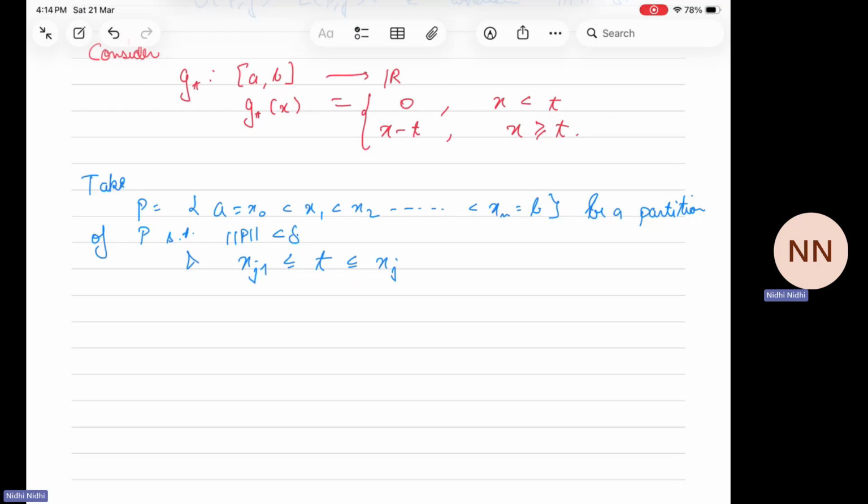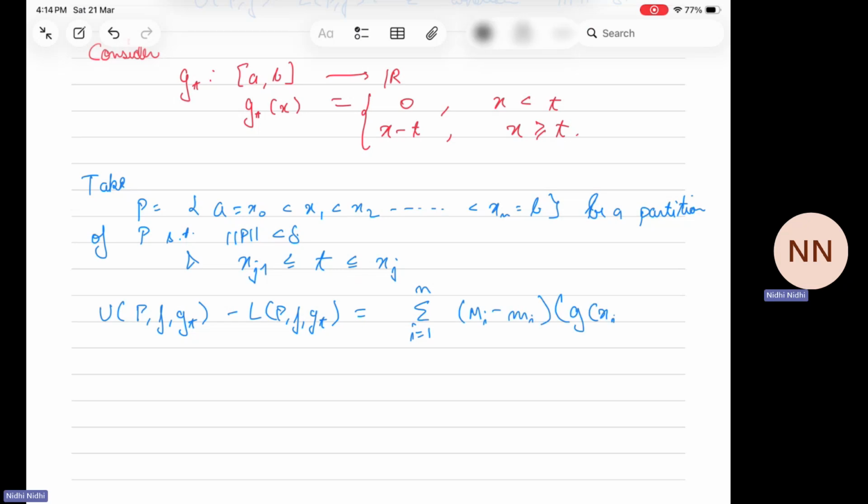Obviously t will be somewhere in between the points of the partition. So U(P, f, g_t) minus L(P, f, g_t) will be the summation i from 1 to n of (M_i minus m_i) times (g_t(x_i) minus g_t(x_{i-1})).